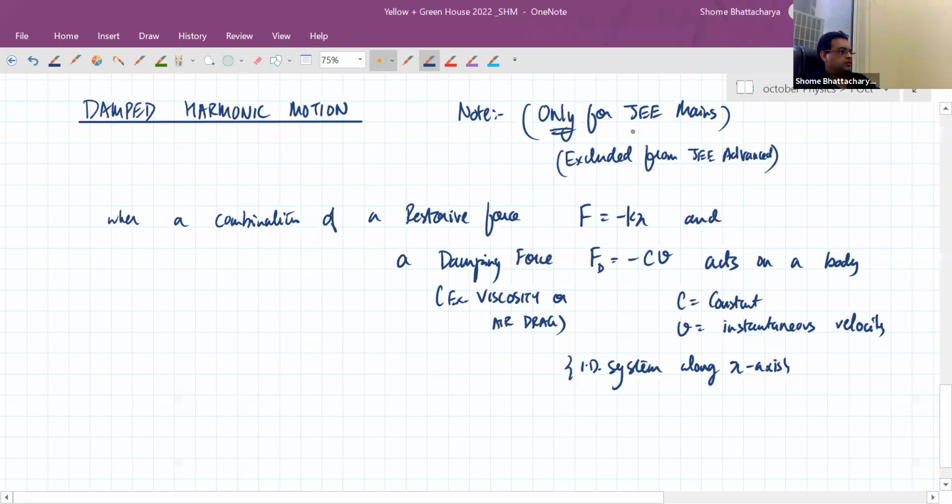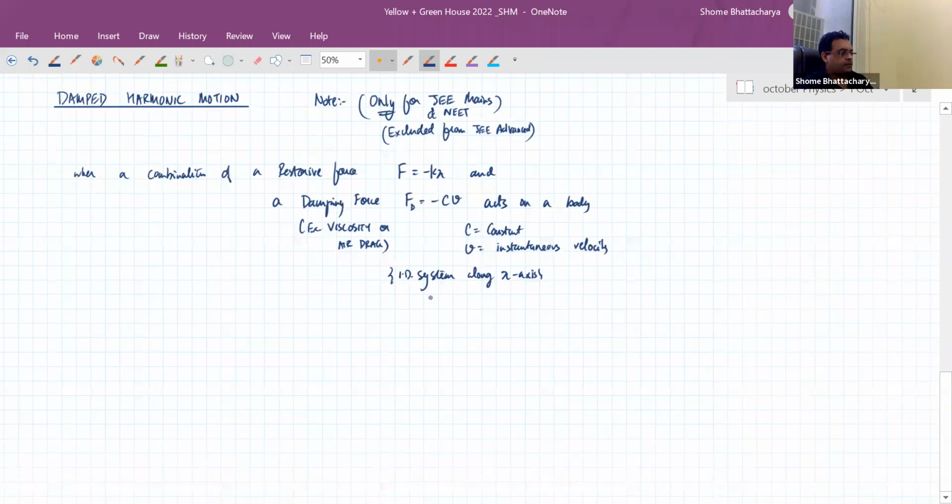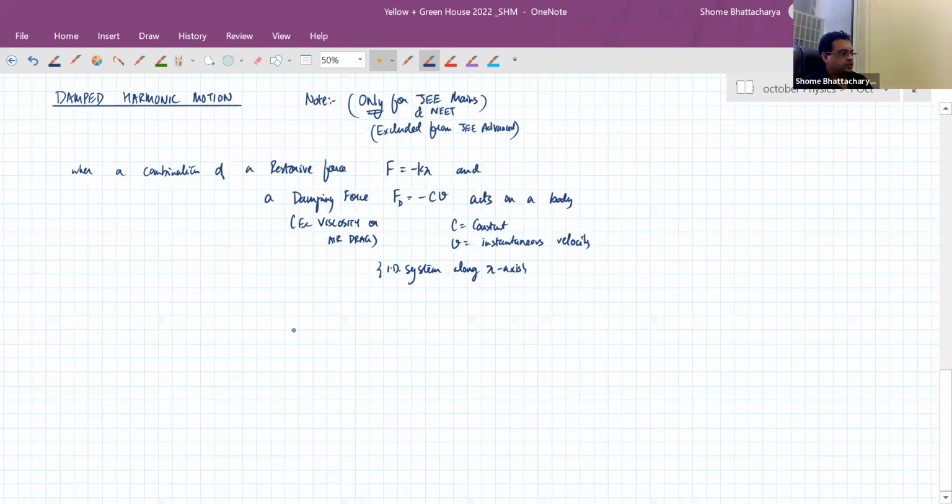So here what happens is, suppose we consider a body at some positive x coordinate like this and moving with a velocity like this, then there will be a drag or a damping force equal to CV in magnitude and opposite in direction, and there'll be a restorative force equal to kx acting like this.